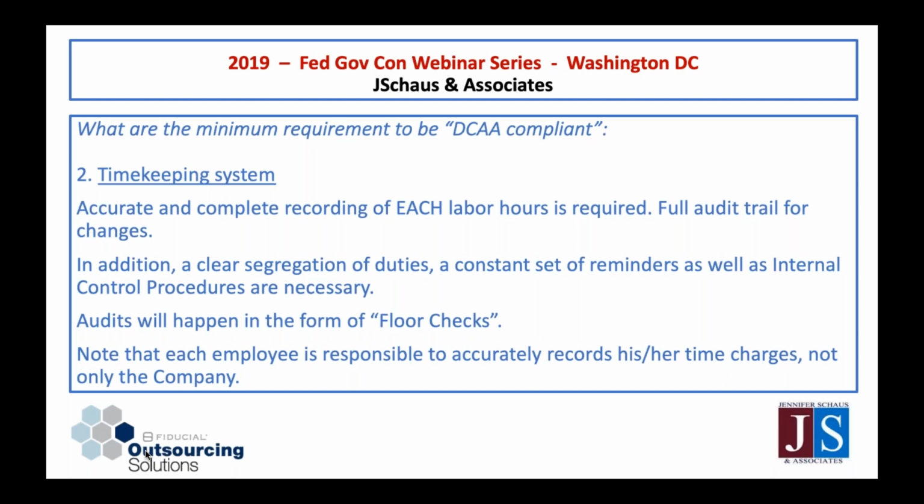All the hours not spent on a government project will be attached the same G&A and overhead rate as a government project. Therefore, a portion of your G&A and overhead will not be paid by the government, and DCAA will therefore make sure that you have all your hours registered so they can reduce the cost.